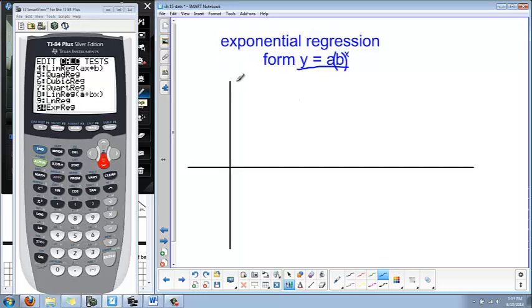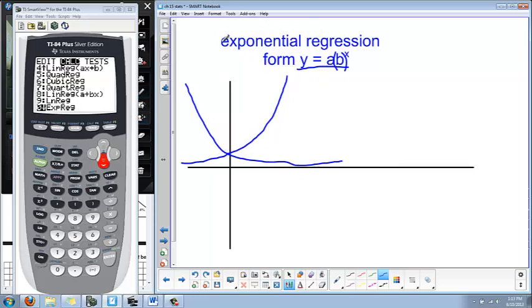An exponential regression would look something like this. This is typically what exponential decay would look like if something was declining, or exponential growth would look something like this. So if you have a graph that looks like it's decaying or growing like that, that would be exponential regression.